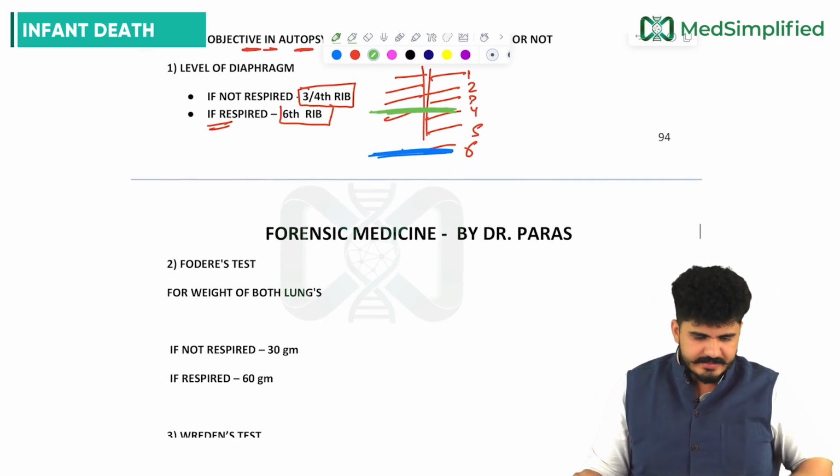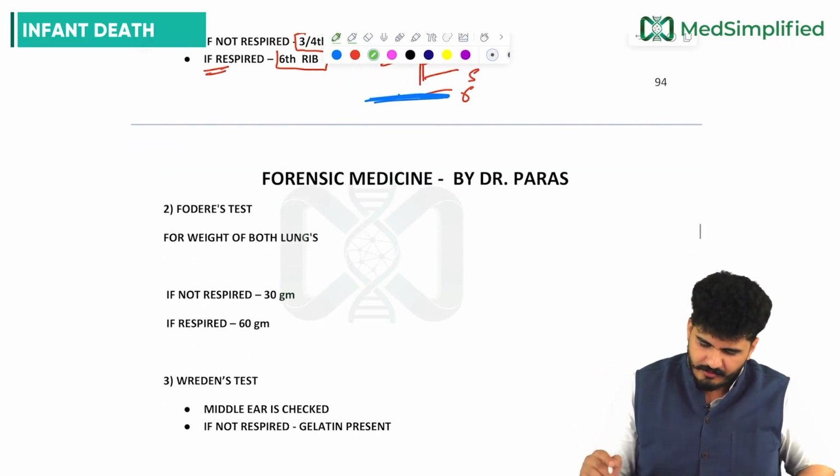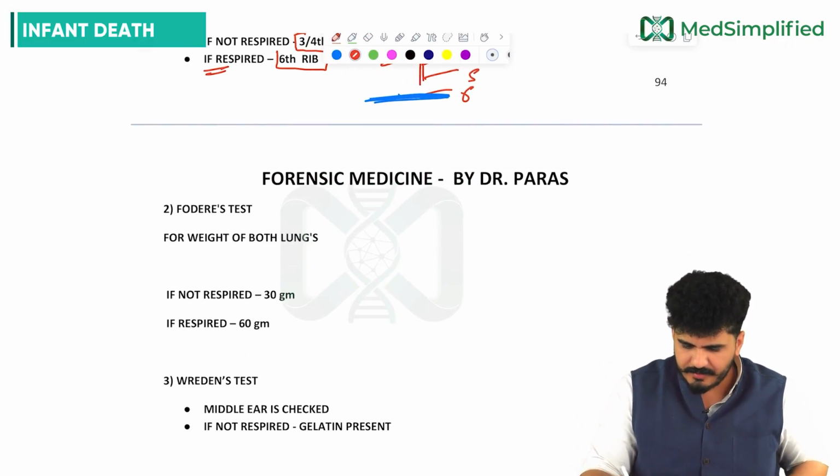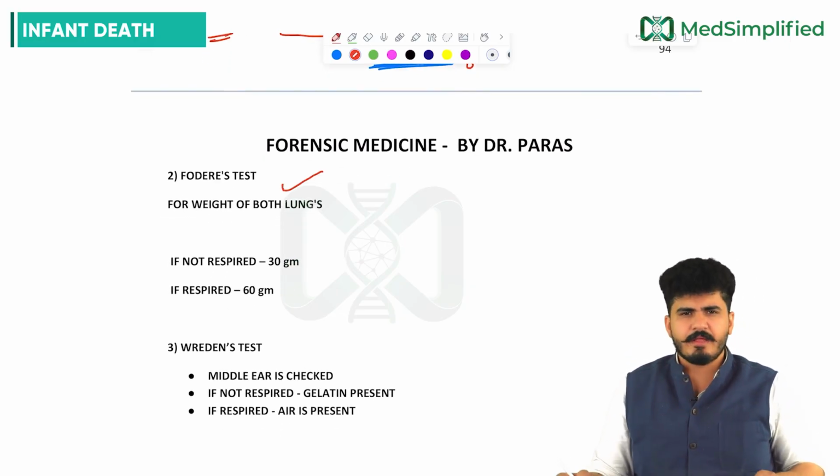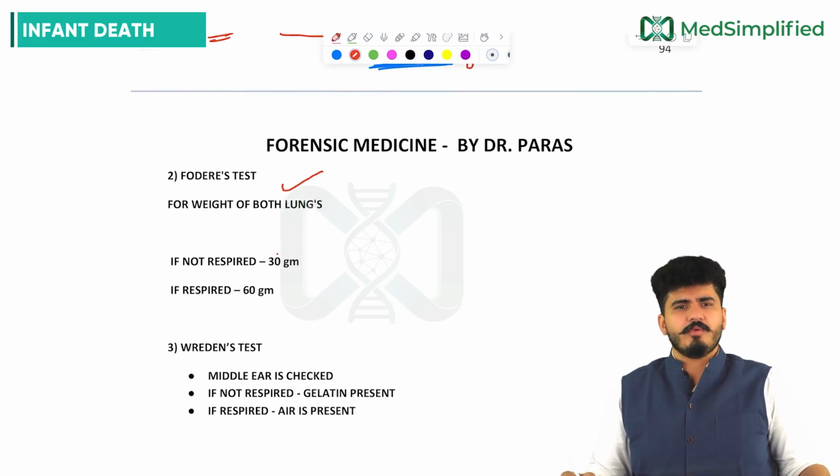Now coming to the next test, called Fodder's test. Fodder's test is for the weight of both lungs.